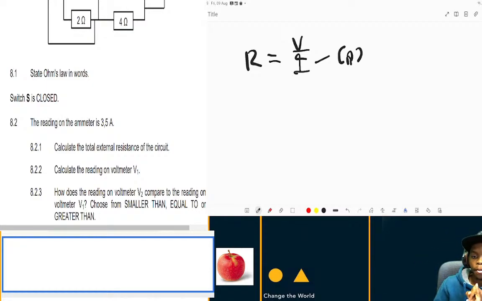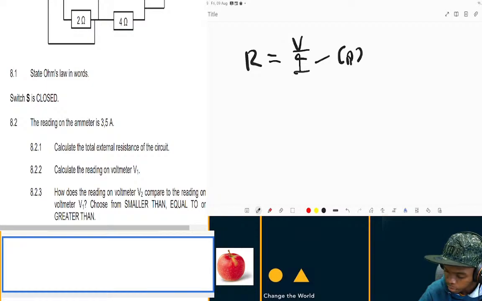For one, it's always connected in series. To measure the current here, you must connect it in series rather than in parallel.